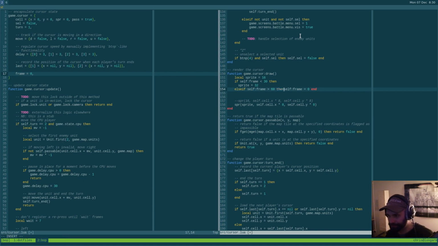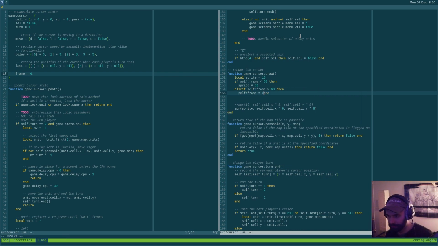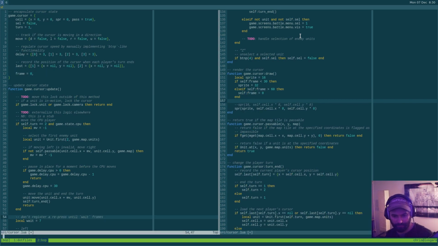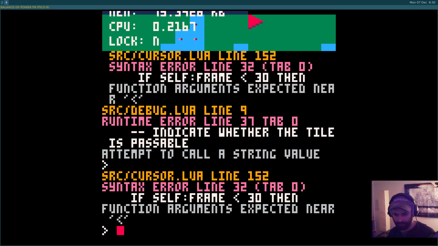What did I do? Cursor 152. Function arguments expected near.